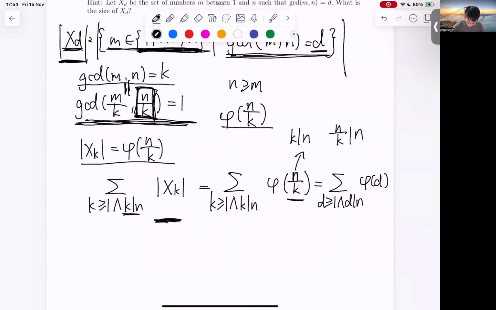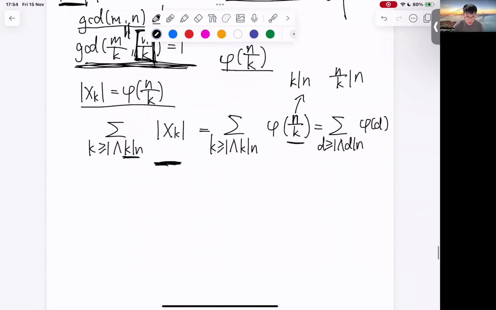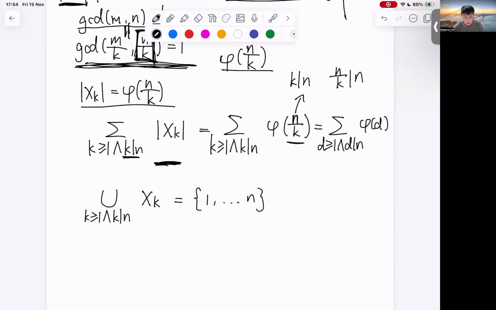So we have the union of all of the possible divisors. The union of this should just be 1 all the way to n. And if we take their size, it should also be equal.